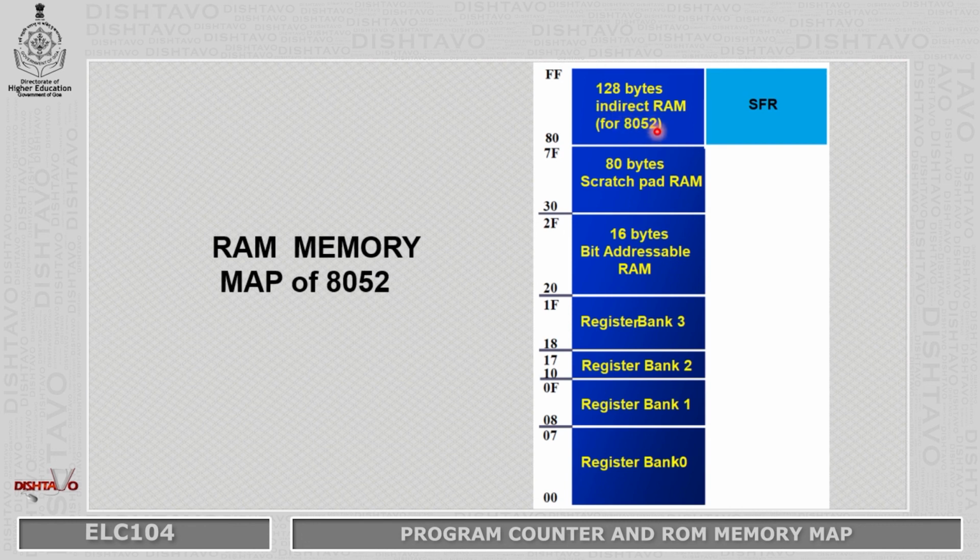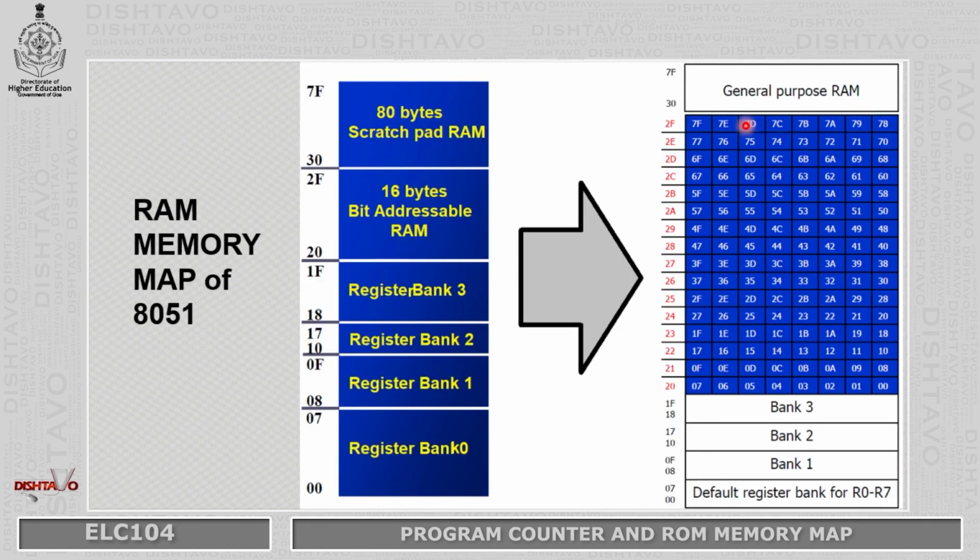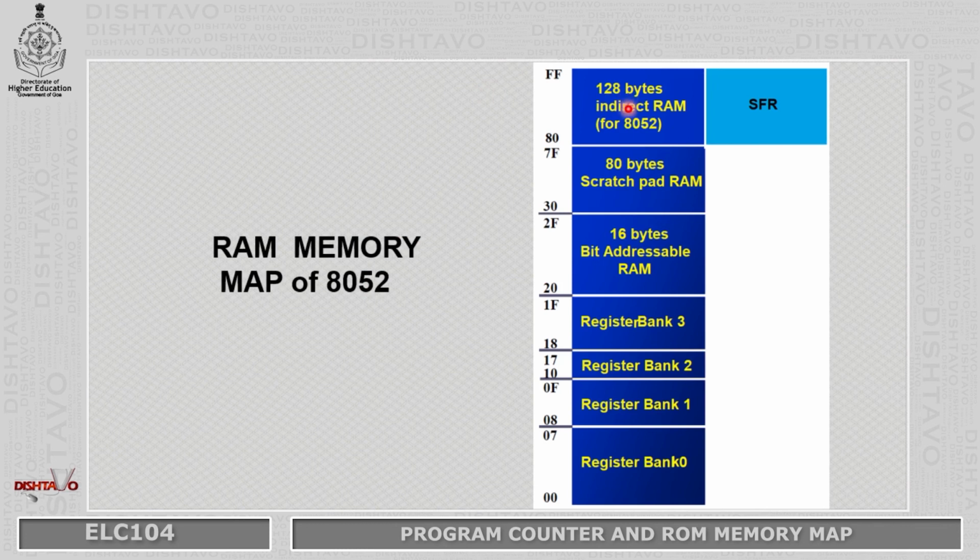So 128 bytes of extra RAM are there for 8052, and these share the same addresses with the SFRs. Beyond 7F, the addresses are used for SFRs even in 8051. So 8051 is going to have this area for SFRs, but 8052 is going to share the same area for SFRs as well as the RAM.